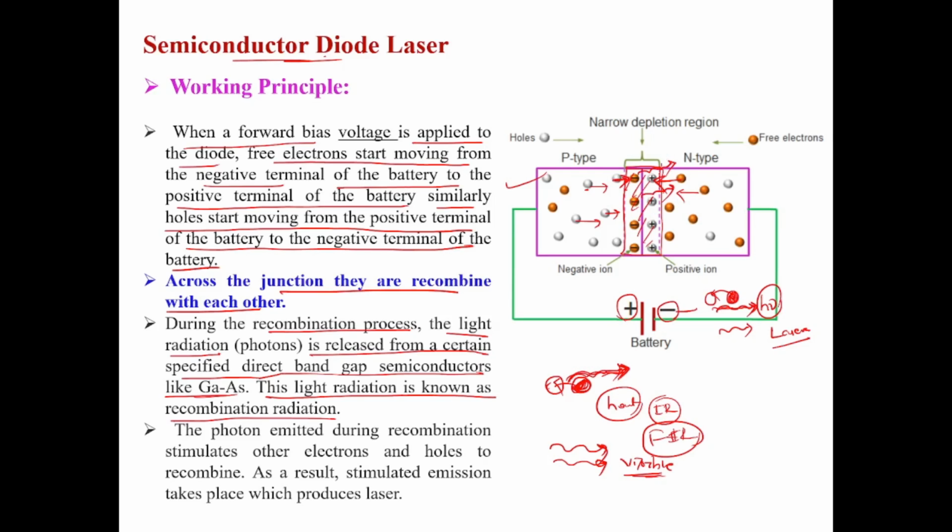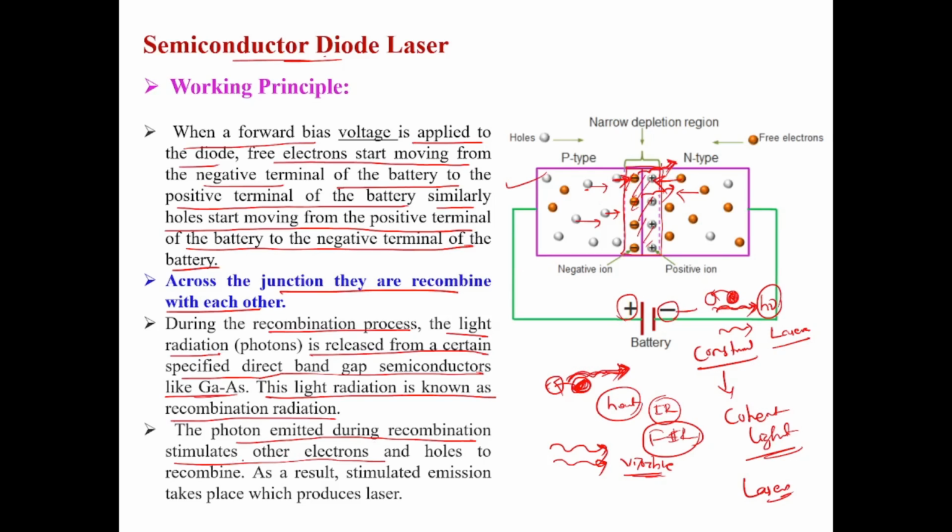If these two photons interfere constructively, then we get a coherent light source, that is the so-called laser. Here the photon emitted during recombination stimulates other electrons. Whenever these electrons and holes recombine, a photon is released.